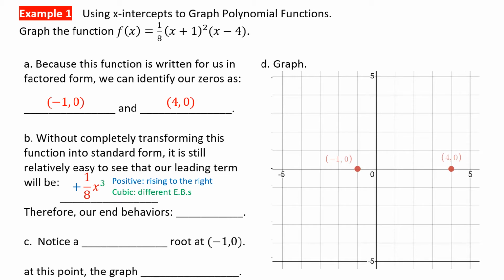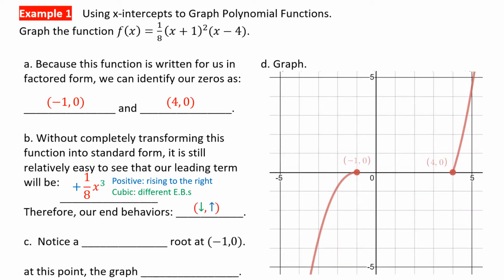The positive leading coefficient is going to tell us that ultimately to the right our function is going to be increasing, and because the function is cubic, because that exponent is an odd value, ultimately to the left it's going to be going in a different direction, so in this case down. Therefore our end behaviors are going to be down, up, and we can start to graph how that's going to look.